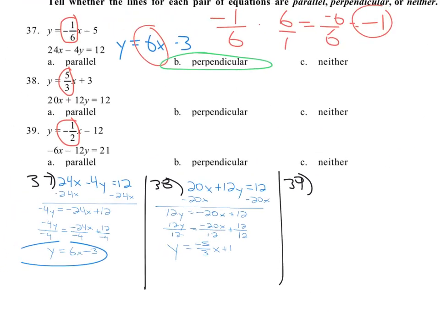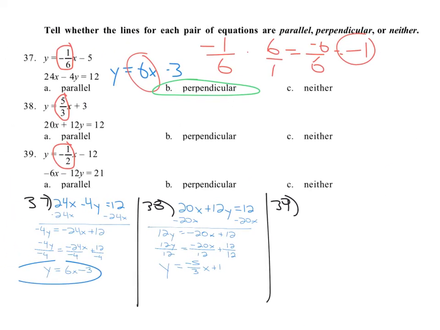So that's our equation for number 38 in terms of the missing equation that we didn't know what the slope was. Okay? And when I write that up here, y equals negative 5/3 x plus 1.